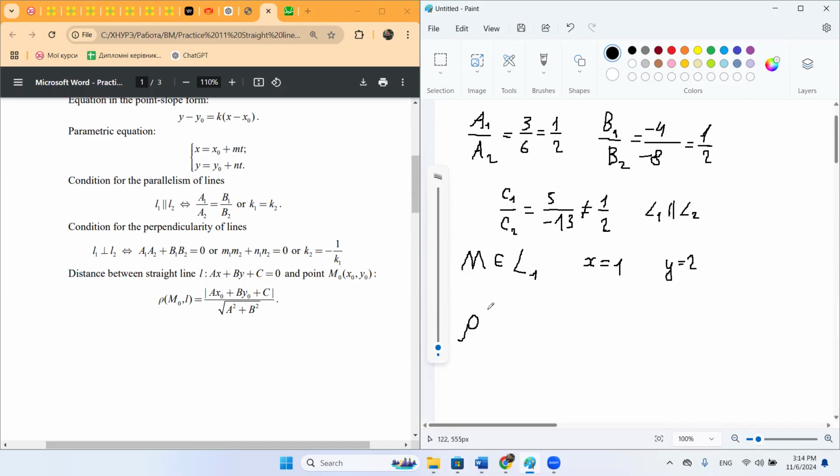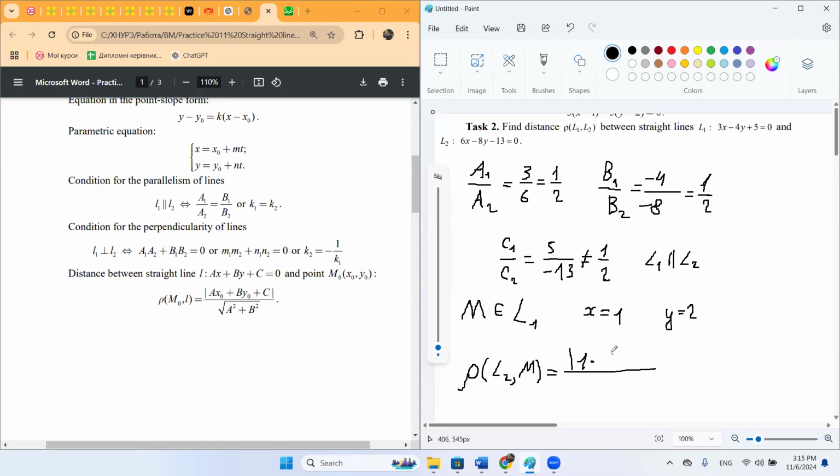Okay, so now let's find the distance. So 1 by 6 minus 2 by 8 minus 13, divided by, oh, by the way, good numbers.